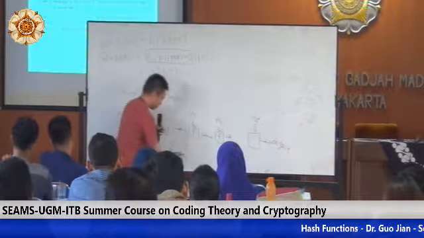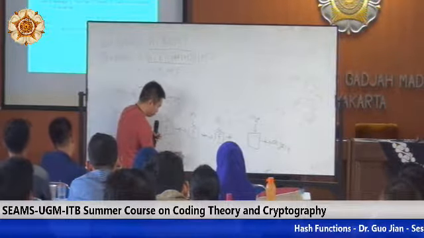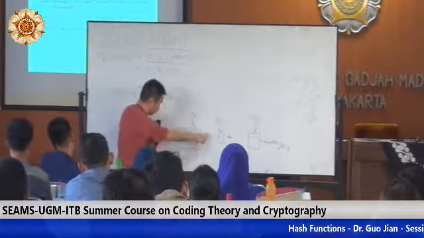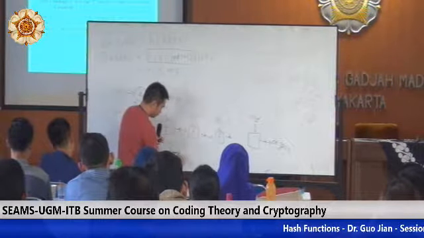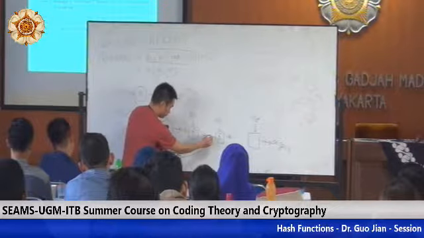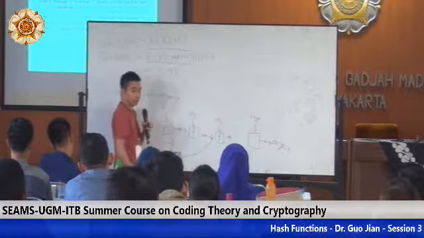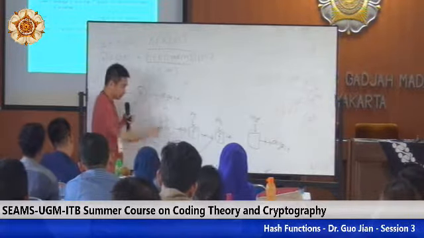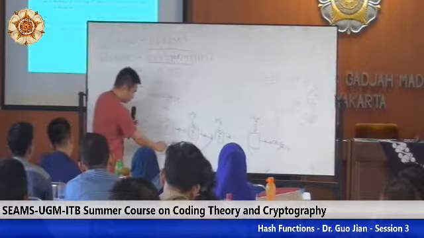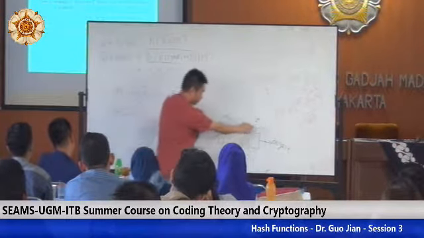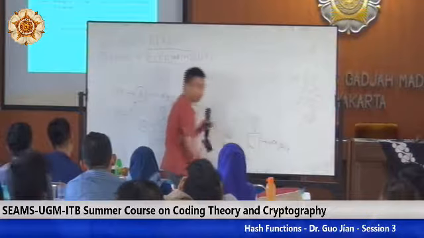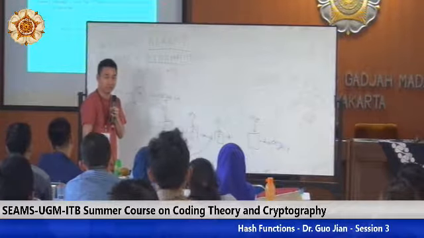Why? Because let's say this value hits here, meaning it collides with this value. Then I find a path leading to the digest from M1 prime, M3, M4 up to this message. Then you get the same digest. Yeah.